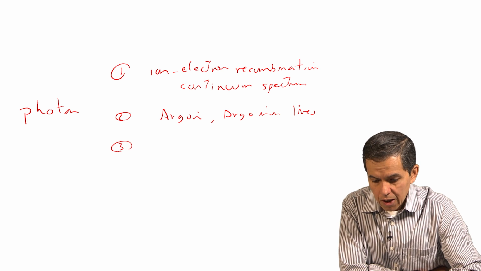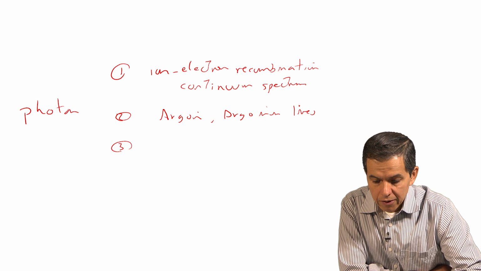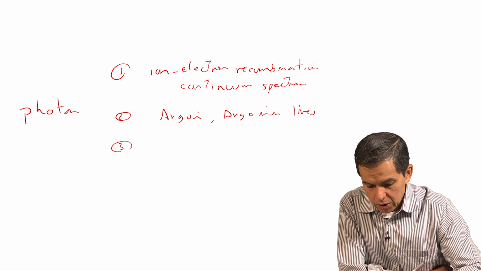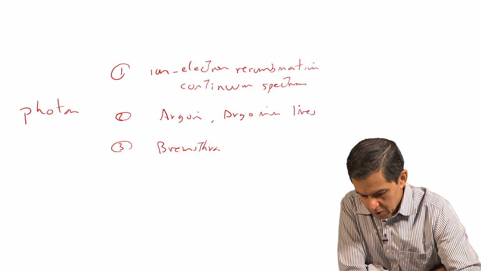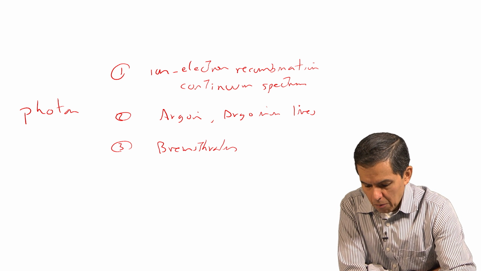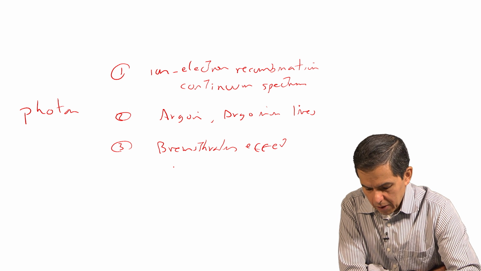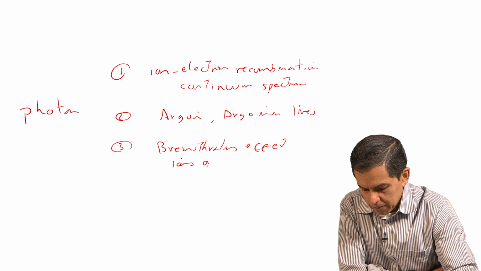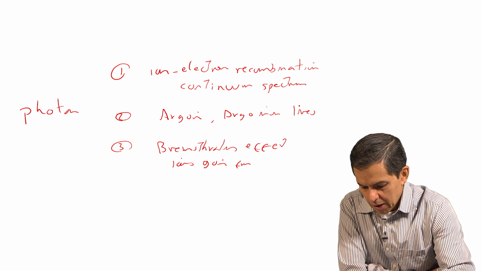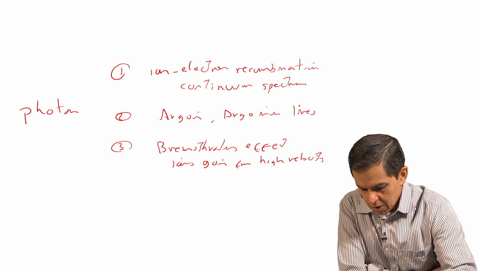And finally, there is another phenomenon called the Bremsstrahlung effect that results from having ions going from high velocity to a velocity close to zero.